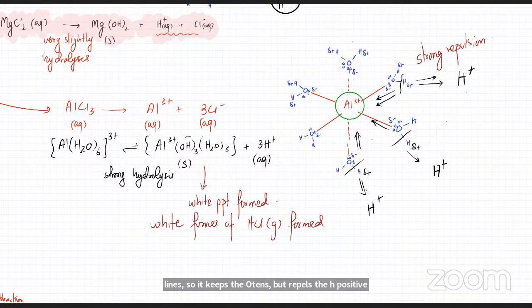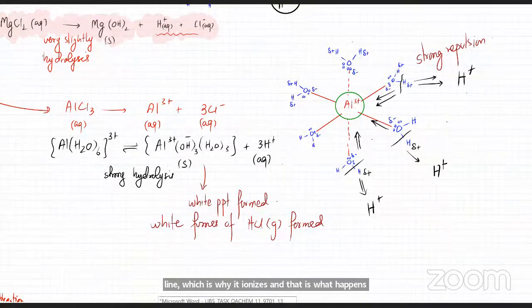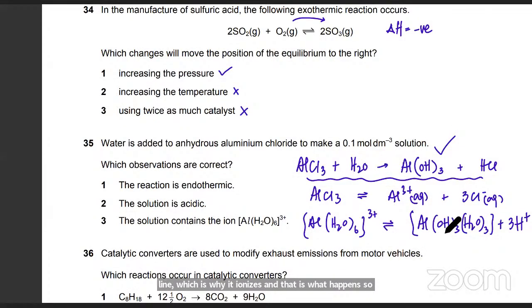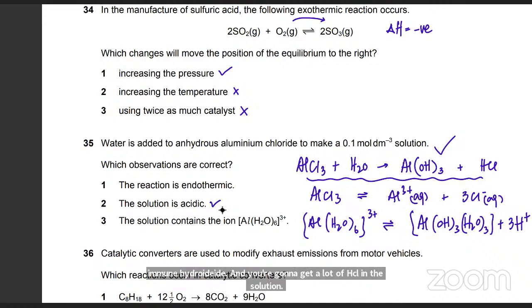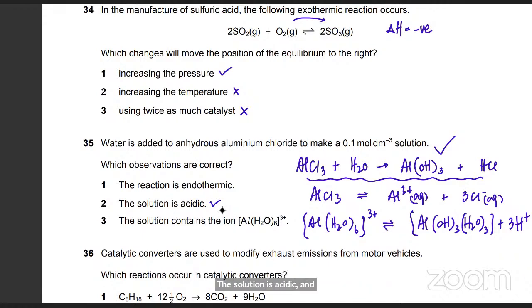So coming back to the question. So you're going to get aluminum hydroxide and you're going to get a lot of HCl in the solution. The solution is acidic. And is it exo or is it endo? Kya hoga? This one. Exo or endo?